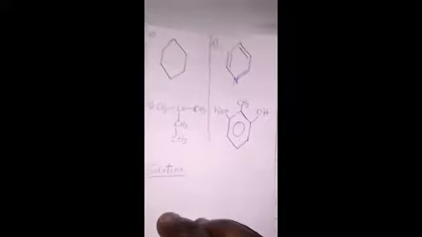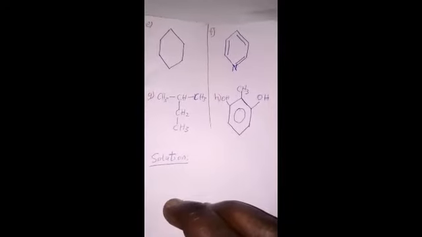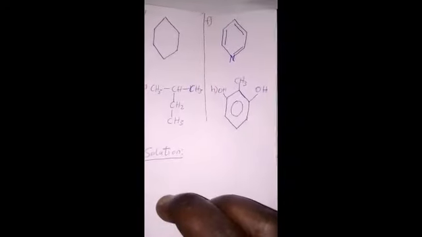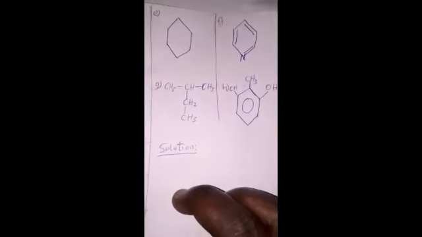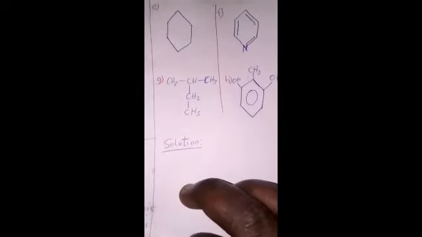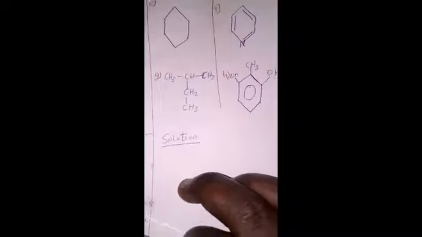Here is the compound, and again there is another example over here. So you can pause the video so that you'll be able to solve it yourself. After that, you come in.